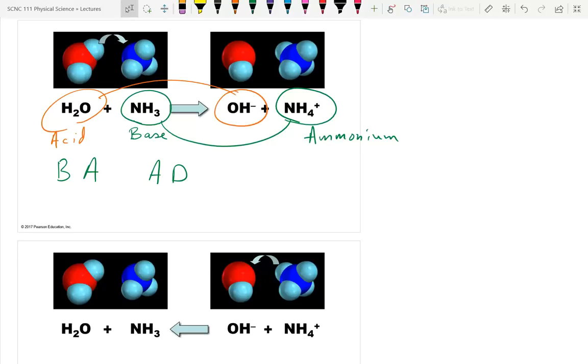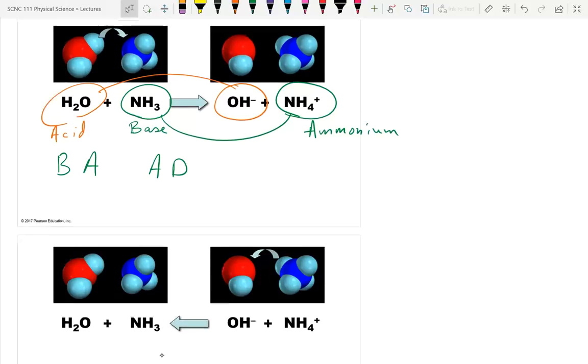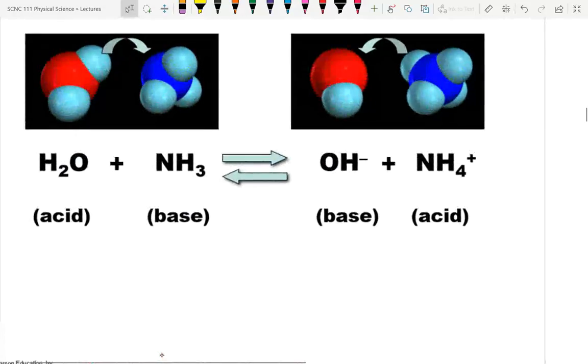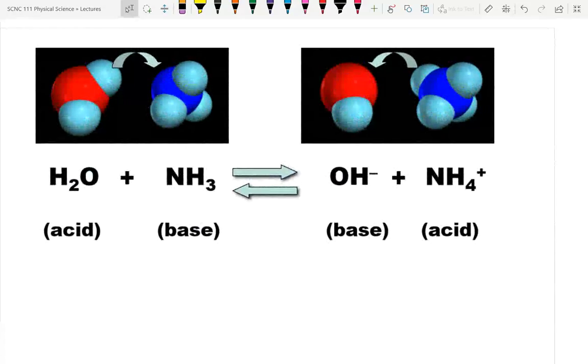But chemical reactions can actually go both directions, and it depends on the concentrations which way it's going to go. So we usually combine these to show a reaction like this, with arrows both ways, because it can go one direction or the other depending on concentrations. And so this here has it marked. On the left-hand side, water was an acid because it donates a hydrogen.